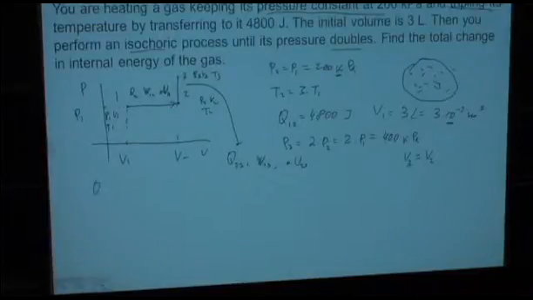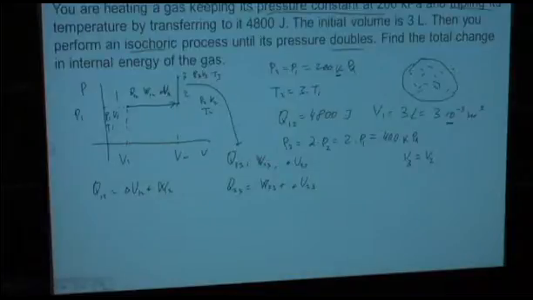So we can write Q12 equals delta U12 plus the work, yeah. Q23 equals, doesn't matter which term comes first, W or delta U? Of course not. 2 plus 3 equals 3 plus 2.